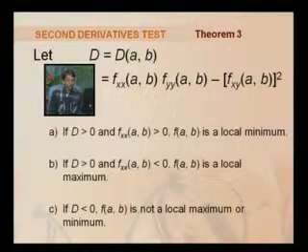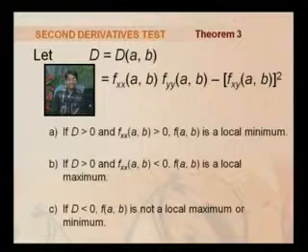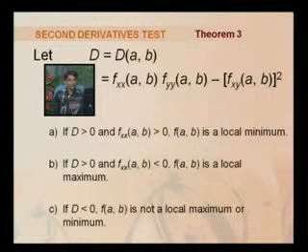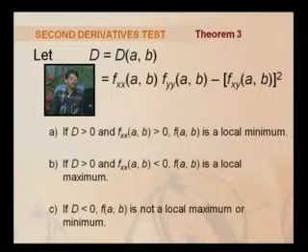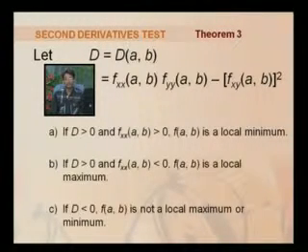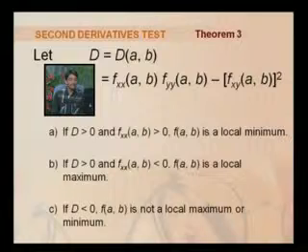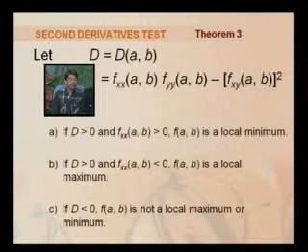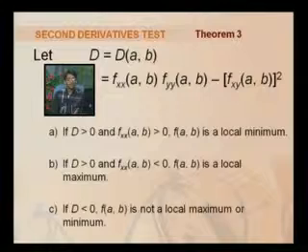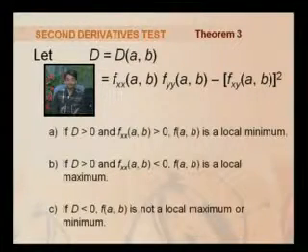So in the first condition, we can easily find the value of D using the second derivatives of the function at the point (a, b). If D is greater than 0 and fxx at the point (a, b) is also greater than 0, then f(a, b) is a local minimum.